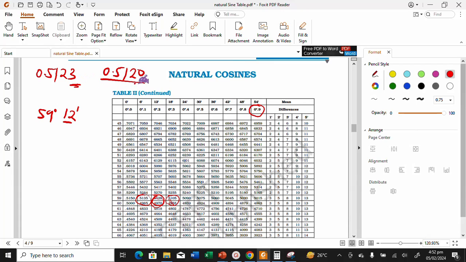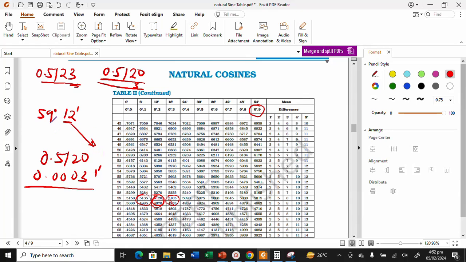So if we add 3 here, that is 0.5120 plus 0.0003. This is 1 minute. This is 59 degrees 12 minutes, so you add this 1 minute, you have 59 degrees 13 minutes.